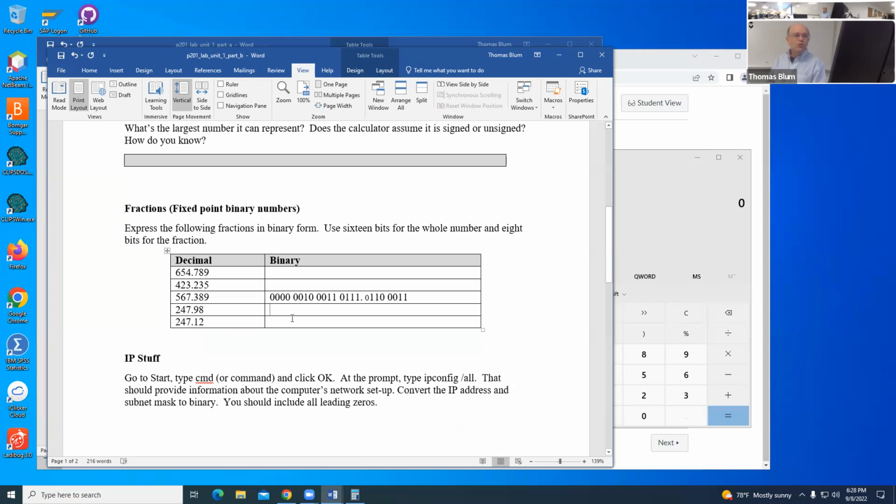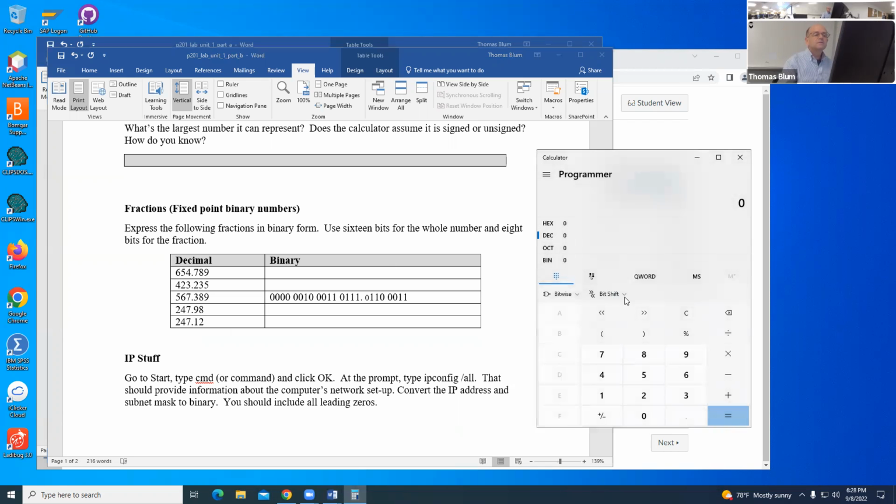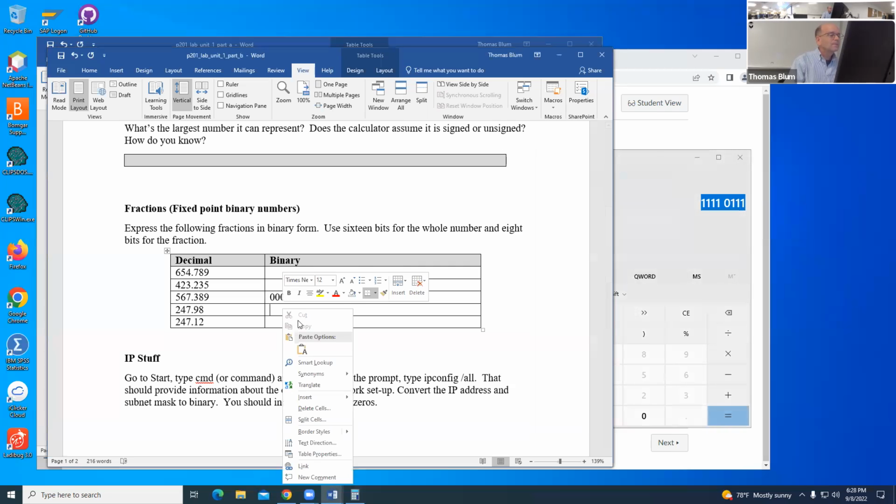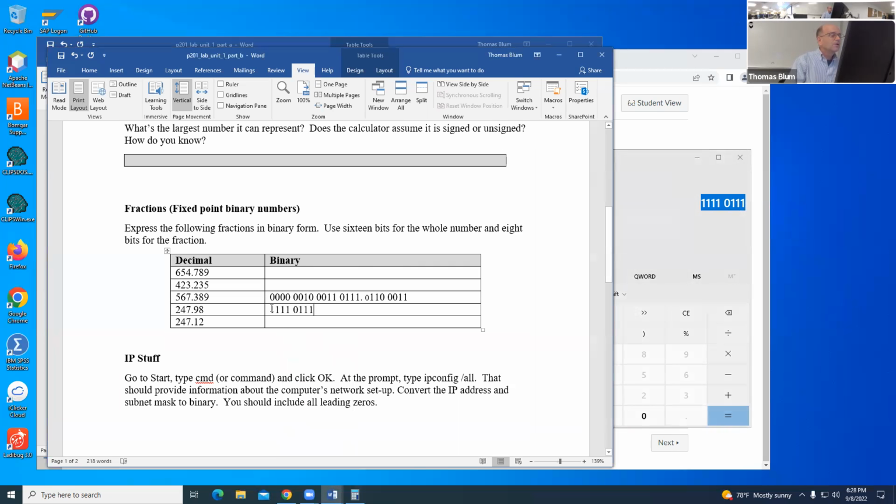All right, so 247 is just a decimal whole number, and I'm getting the binary. It's less than 256, so it only takes up 8 bits, but I asked for 16 bits. So if you're giving me the careful answer, you will give me the 8 leading zeros.